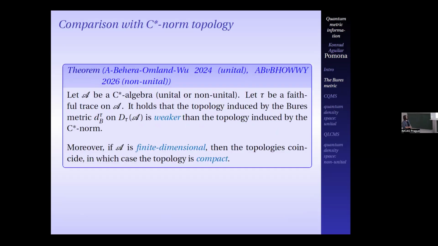Okay, other things that we checked: we have this topology on a subset of the C-star algebra. One natural question is how it compares with the C-star norm. One would hope that the Bures topology is weaker, because it's built by this trace construction, and we did verify that it does give you a weaker topology. Also, we found that if A is a finite dimensional C-star algebra, then the topologies coincide, in which case the space is compact.